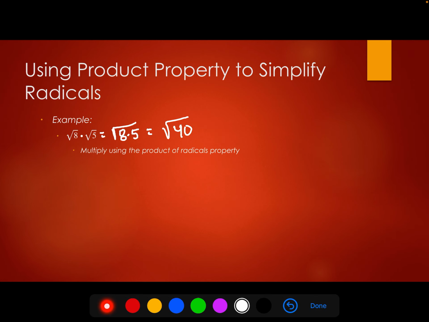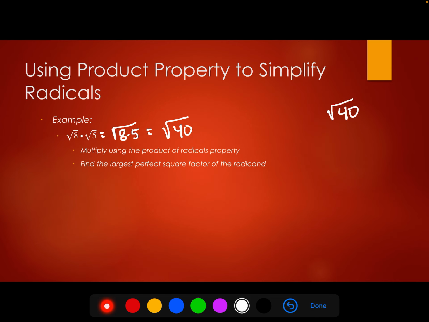We did the first step: we multiplied using the product of radicals property. Now we want to find the largest perfect square factor of the radicand. Remember, the radicand is this number that's under our radical, right? We have the square root of 40, and we want to find the largest perfect square factor of 40. If we go through our factors of 40, we would see that the largest perfect square factor is 4, right?